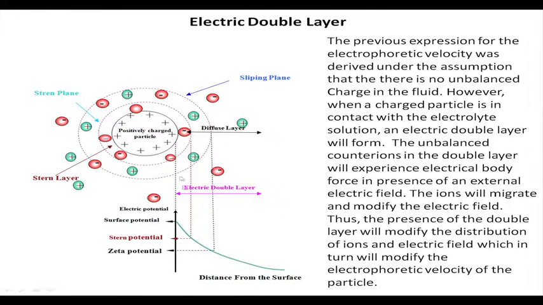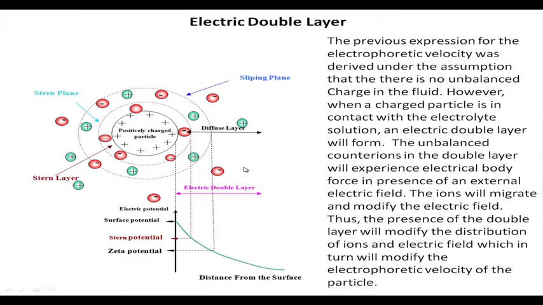So, a schematic diagram is shown this way. If we have a diffuse layer, that means there are unbalanced ions. When an electric field is applied, these unbalanced ions will acquire a net body force and drag the fluid, and the ion distribution will also be distorted, which creates an induced electric field.